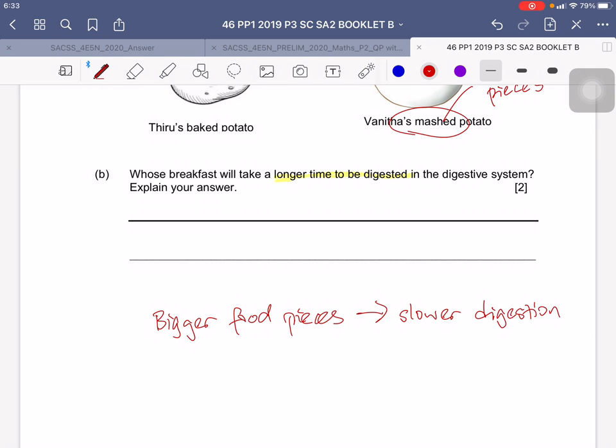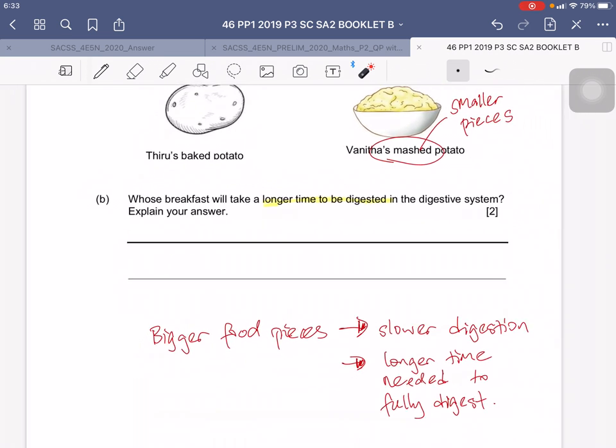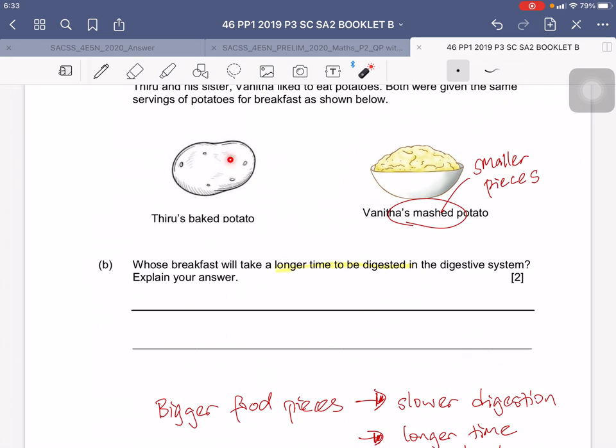That means longer time needed to fully digest. So this is the science concept. You have bigger food pieces, then you have slower digestion, then you take a longer time. So whose breakfast will take a longer time? Now, of course, it will be Thiru.